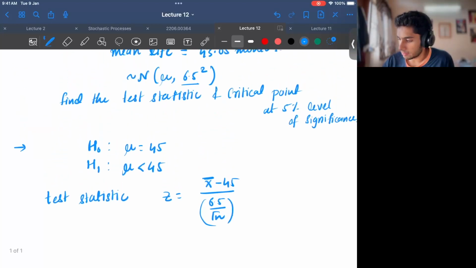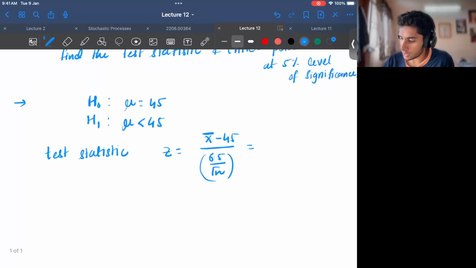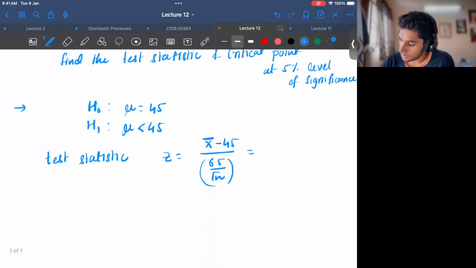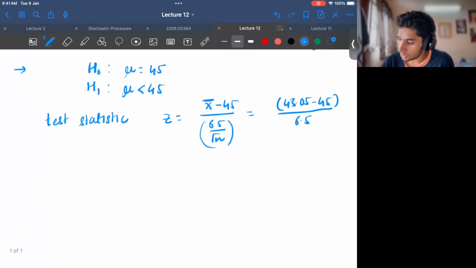So if this is the case, then what will this value be? We know that x bar is given to you, right? Because x bar they found out to be 43.05, right? So this will be 43.05 minus 45, divided by 6.5 into root n. What is n? n is 20, right? So it's root of 20 that will be multiplied.